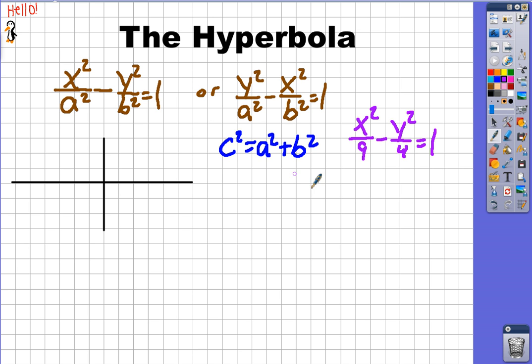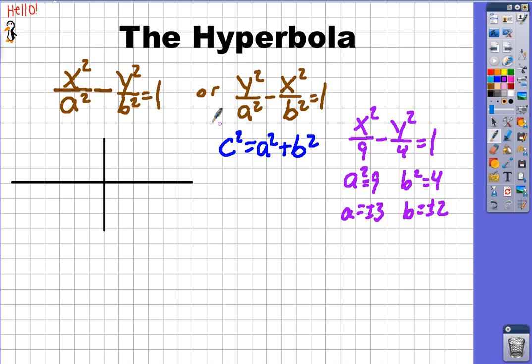And since a is always first, we can see that a squared is 9, so a equals plus or minus 3. Over here, b squared equals 4, so b equals plus or minus 2. We'll see how to use b in a little while. For right now, a is 3. That's the distance of our transverse axis.